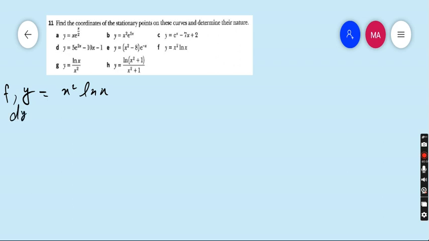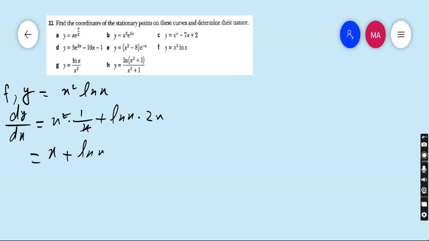Find the derivative dy by dx. x square ln x derivative is x square times 1 upon x plus ln x times the derivative of x square, which is 2x. x cancel by square, x plus ln x, or 2x multiplied by ln x is 2x ln x. Can take common x, 1 plus 2 ln x.